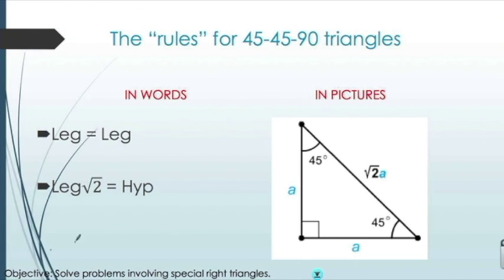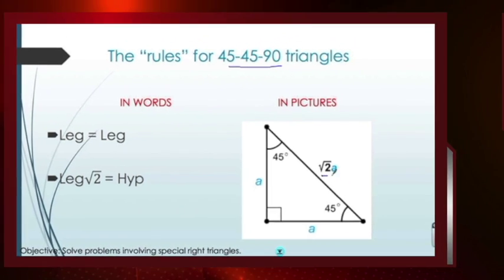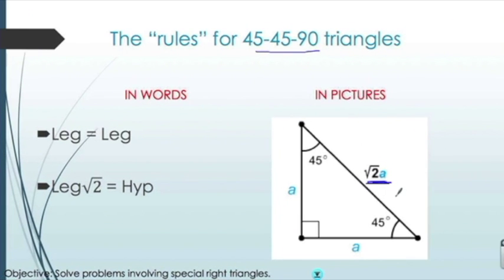So here you go. This is the shortcut for all 45, 45, 90 triangles. You can always use the Pythagorean theorem formula, but they also would like for you to know the relationship that is formed in this special 45, 45, 90. You will always have a times the square root of 2 for that hypotenuse.